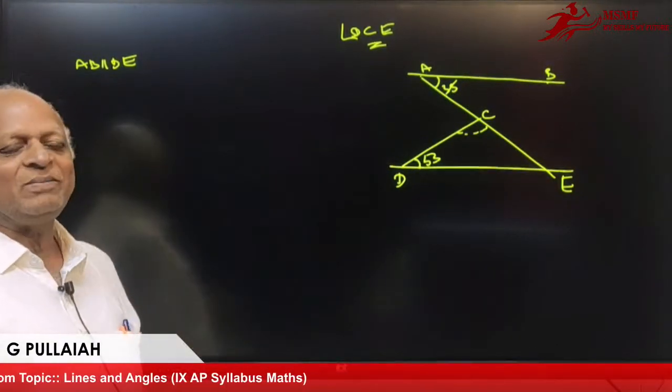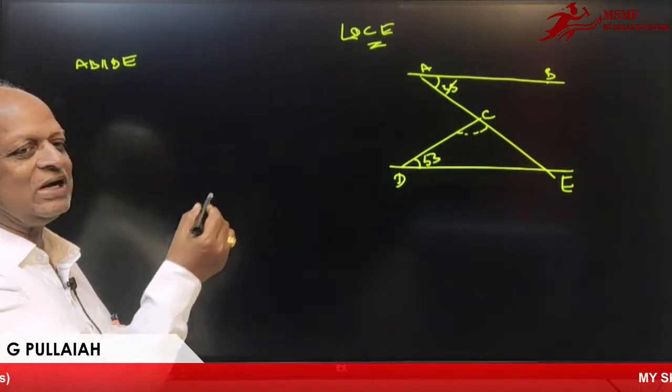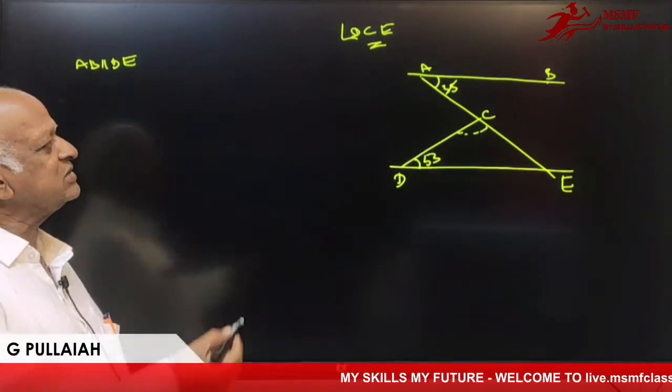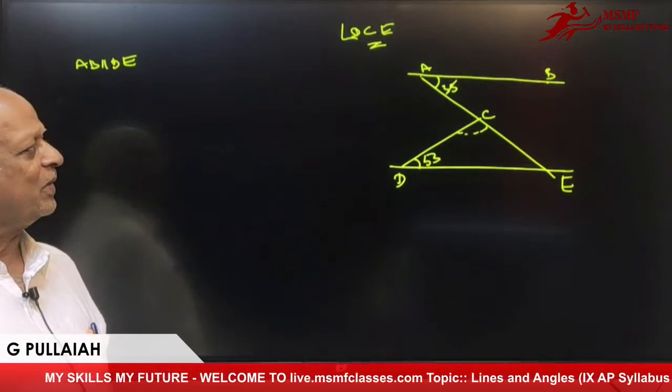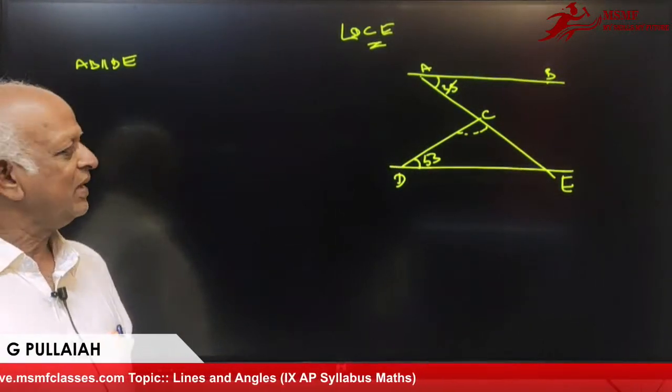DCE is nothing but this angle in a triangle. One angle is given, the other angle they have not given, and they ask us to find one more angle. To find this, I hope you can use the alternate angle concept.